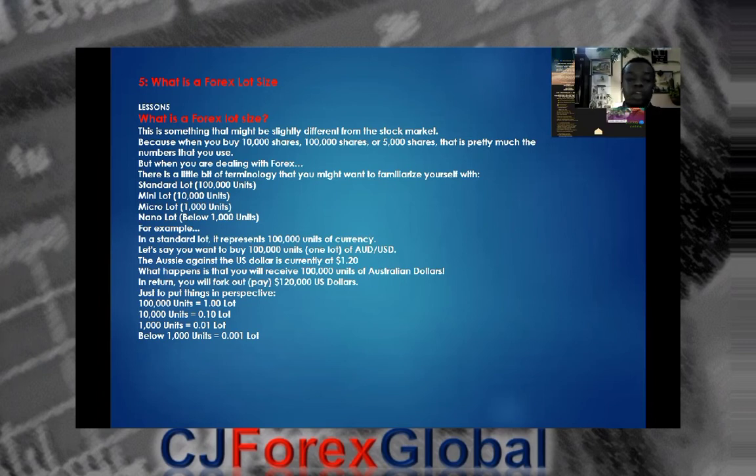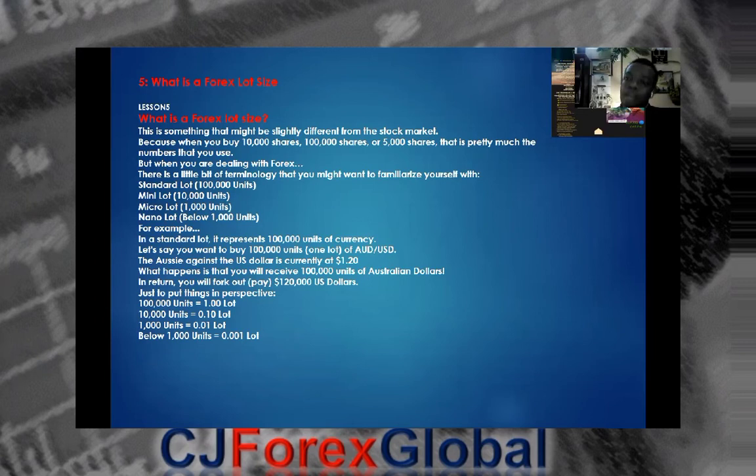What happens is that you will receive 100,000 units of Australian dollars, and in return you will pay 120,000 US dollars. Just to put things in perspective, when you have $100,000, you should be expecting to use one standard lot size.